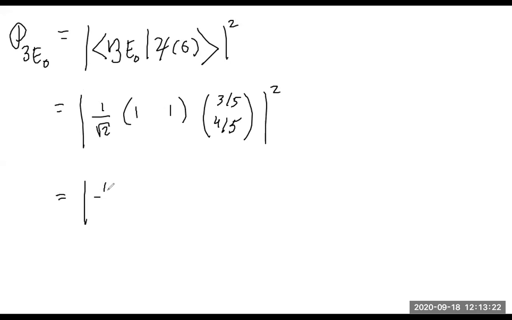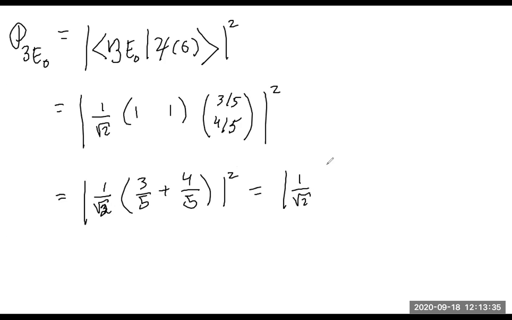So this becomes 1 over the square root of 2 times 3/5 plus 4/5, quantity squared, or 1 over the square root of 2 times 7/5, squared.